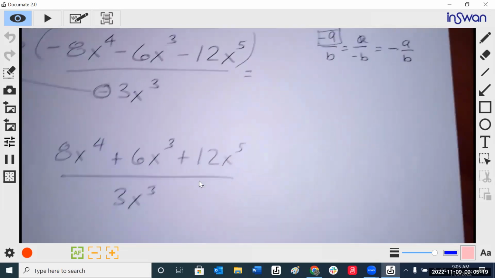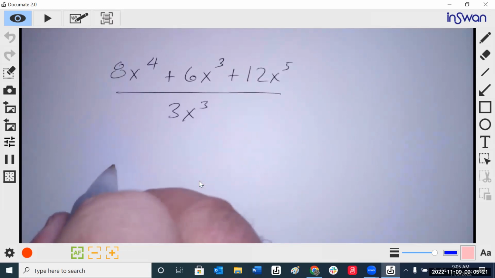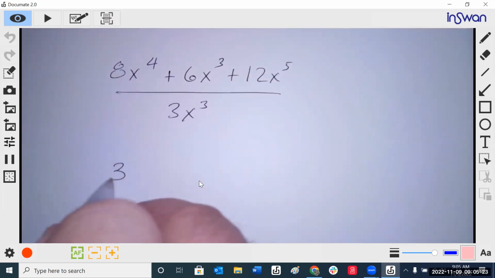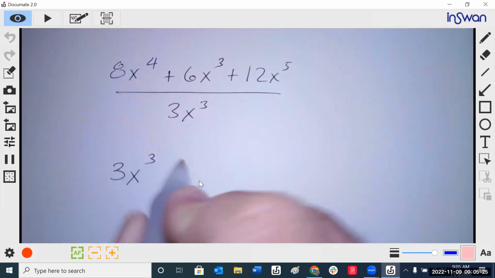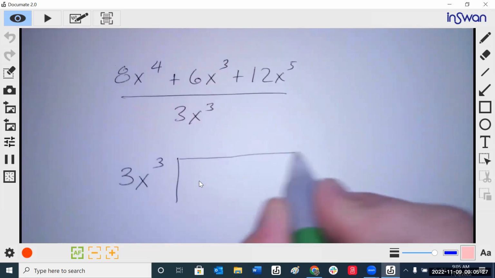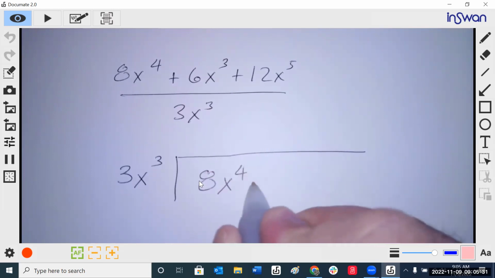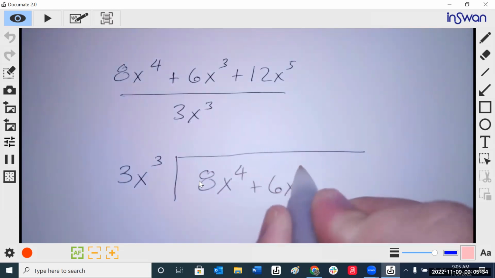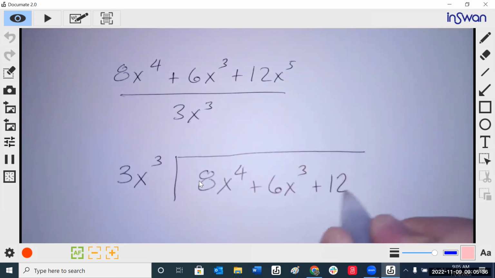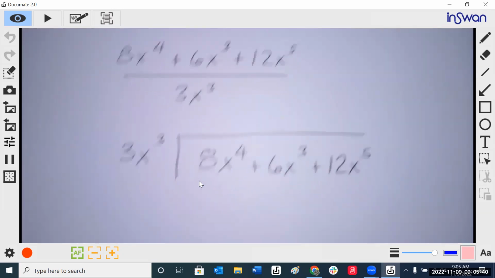Now comes the hard part. This is where you have to test your skills of the algebra. Very good.